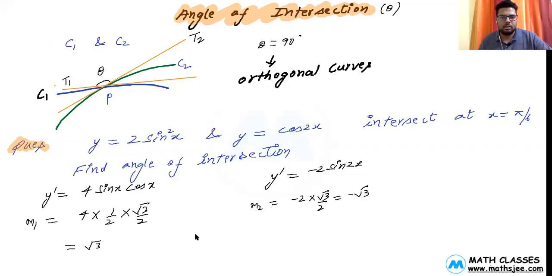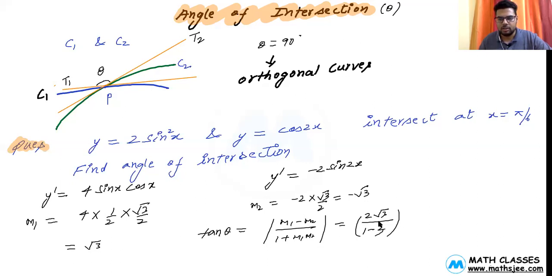So we know that the angle between these two lines, or we can say tan theta, equal to modulus of m1 minus m2 upon 1 plus m1 m2. You can say this is m1, this is m2. So 2 root 3, and this is 1 plus m1 m2, that is 1 minus root 3 into root 3, that is 1 minus 3. So this is 2 and this is modulus.